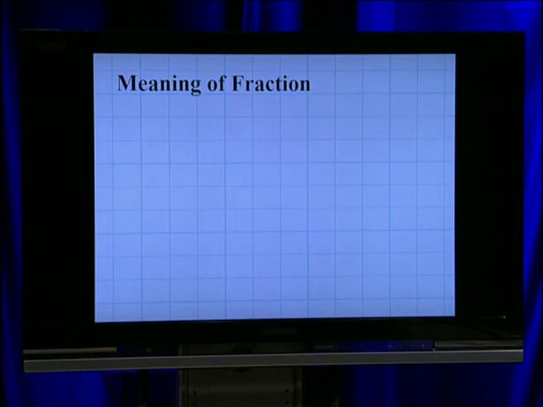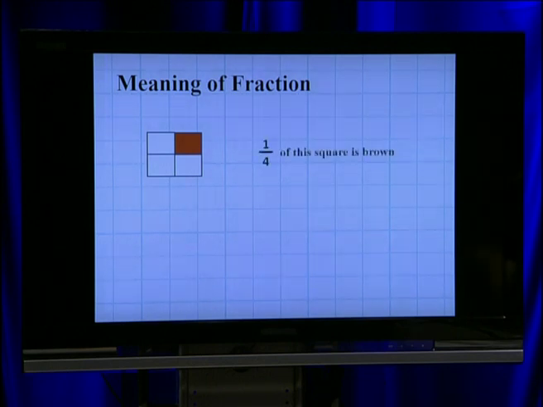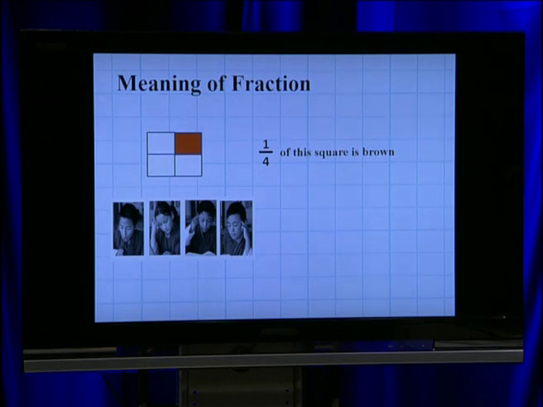Let's see some examples. For instance, look at this image. There is a shape which has been divided into 4 parts and 1 part has been colored brown, right? So in this case, the fraction 1/4 tells us that 1/4 of this square is brown. Now check out this picture.